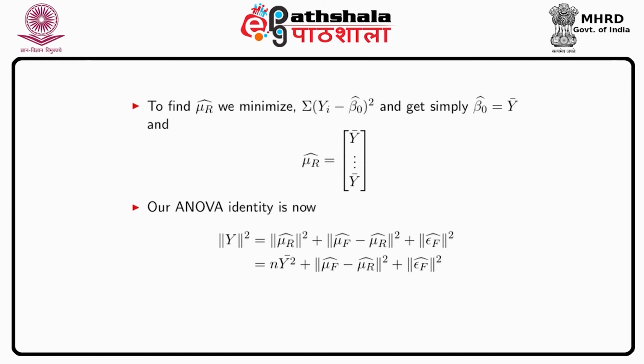Also, mu r hat is a vector which contains only y bar, which is the mean of y. So our ANOVA identity is now the squared length of y equals the squared length of mu r hat plus the squared length of mu f hat minus mu r hat plus the squared error from the full model, which equals n times the square of the mean of y plus the remaining terms on the right hand side, which stay the same.